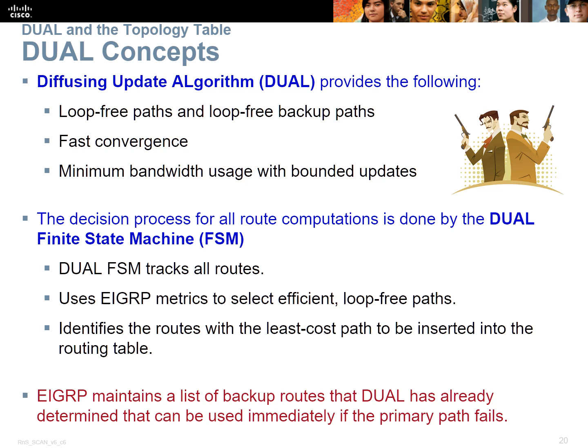The interesting thing that DUAL does, which is quite clever, is it calculates all the best, most efficient paths to get everywhere, and it calculates the second best path to everywhere. In this way, not only does it guarantee a loop-free topology, but the second a primary link fails, the backup link can take over almost immediately.